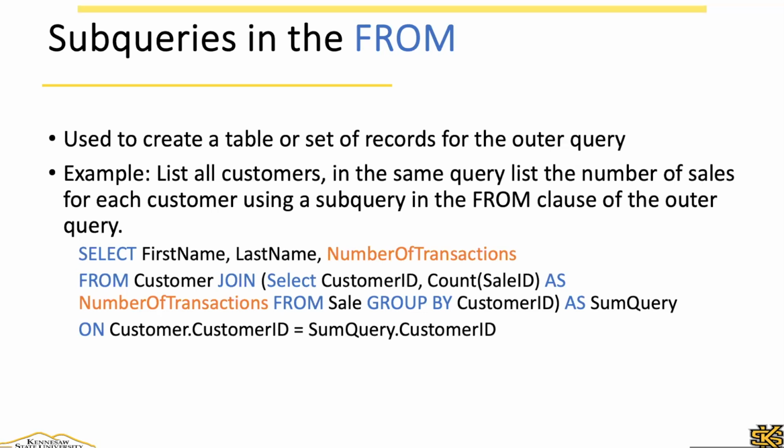The outer query selects the customer name and the number of transactions from the customer table with the transaction counts provided by the subquery. This way, each customer is listed along with the number of sales associated with them.